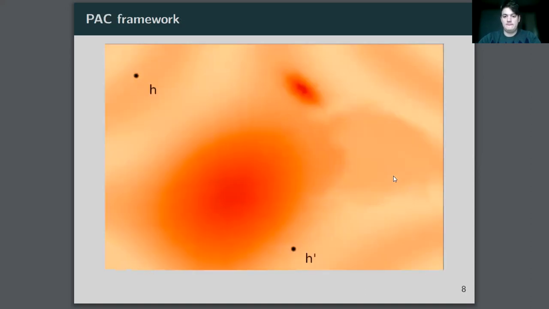So why is this? Well, it is more or less due to how we look at it in statistical learning theory. In the PAC framework, as it's called, we look at it like this. Consider this square here to be the entire space of classifiers, and these two dots here, H and H prime, to be two generally different classifiers we just picked from the space.